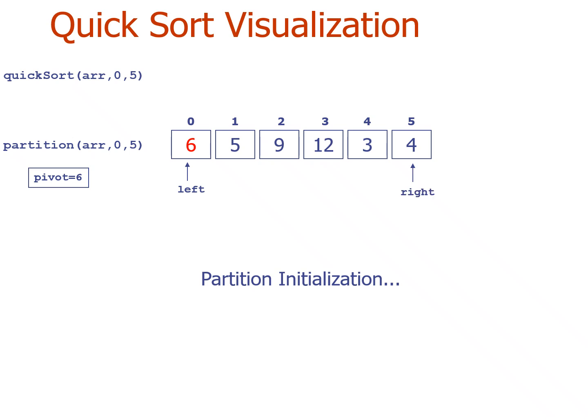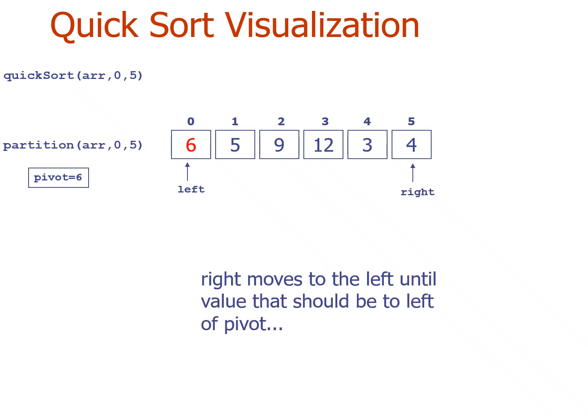So here is what I'm going to do. I will use 2 pointers that scan the array from the 2 ends. The left is moving from left to right, and the right is moving from right to left, looking for a violating pair. And when I find the violating pair, I will swap them.